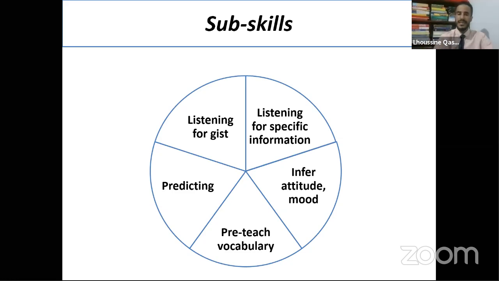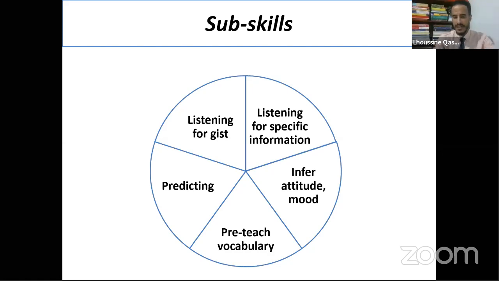Predicting is a sub-skill. Listening for gist. Remember yesterday, some of you asked me, what's the difference between gist and skimming? I said, they are interchangeably used, the same. Somehow they are the same, okay? So listening for gist is skimming. Listening for specific information is scanning, okay? Then we have predicting, etc. Wonderful.